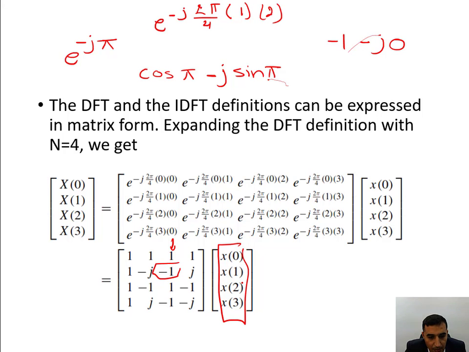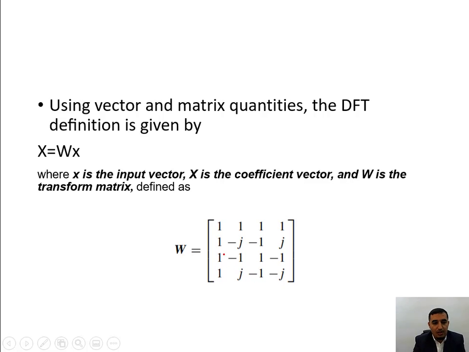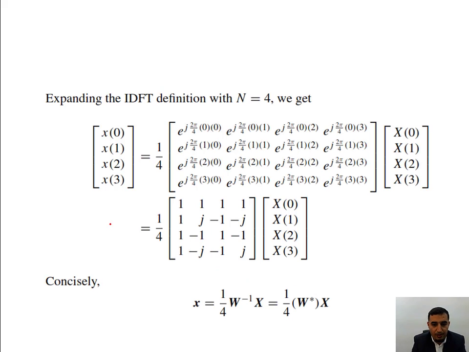Now we can multiply the row by the column to get our output. So using vector and matrix quantities, the discrete Fourier transform is given by these values, where x is our input vector, and w is the transformation matrix, which is this matrix over here.